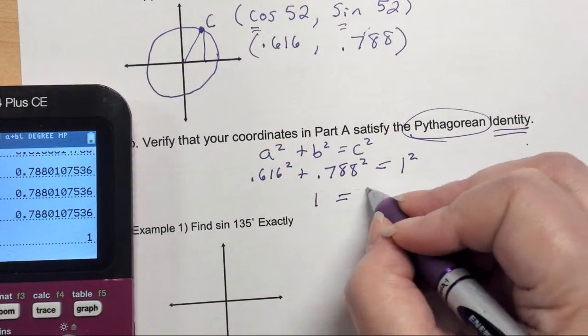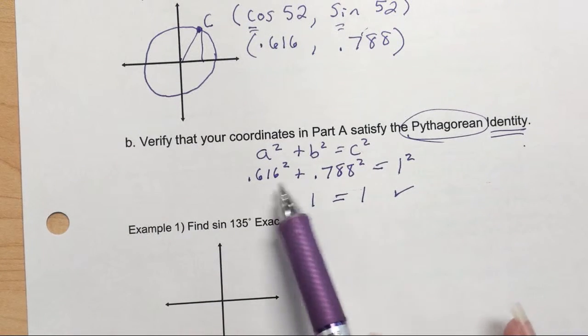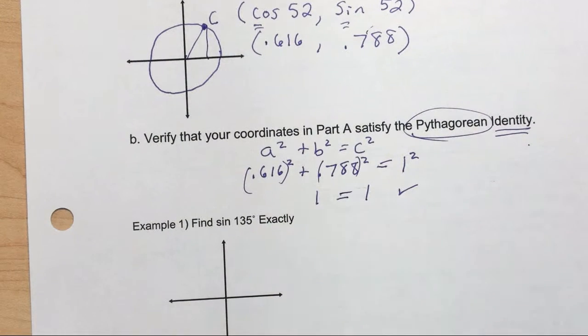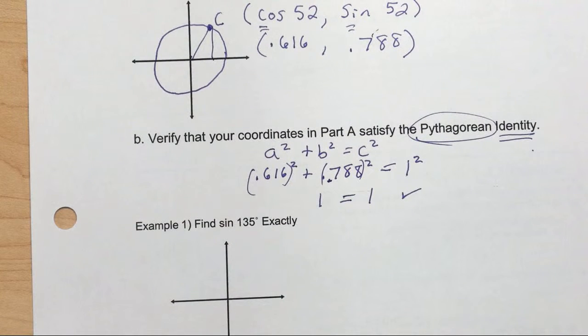And 1 squared is also 1. If you put the numbers in directly, it's going to give you approximately 1, but since we stored it, it gave us exactly 1. Does that make sense? That's why I wanted you to store it. Questions?